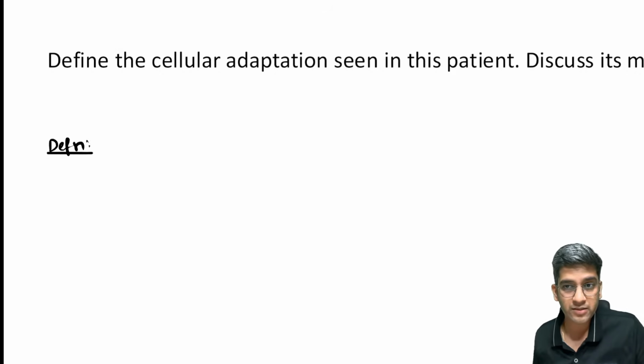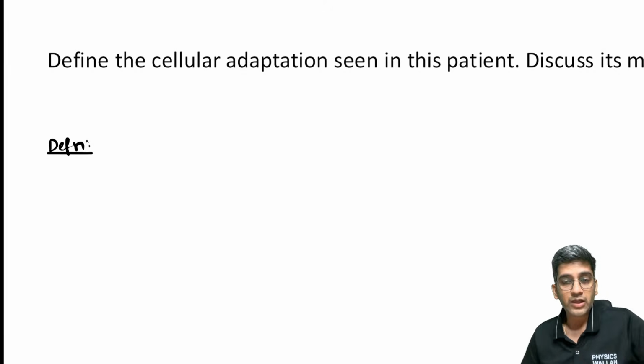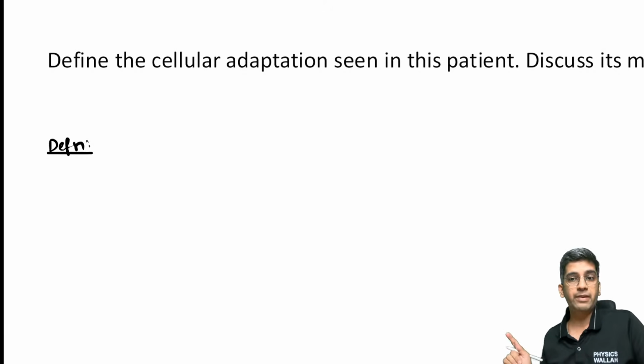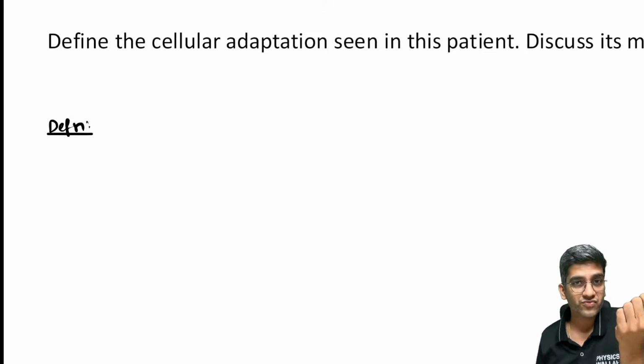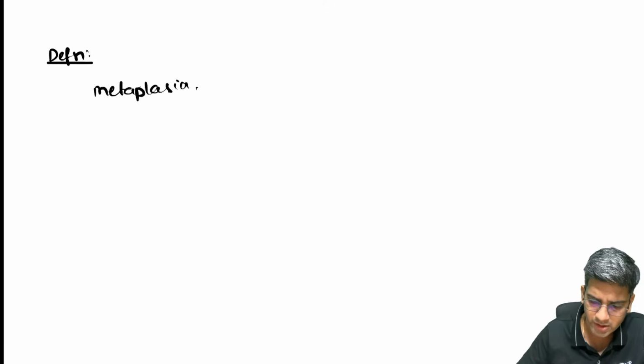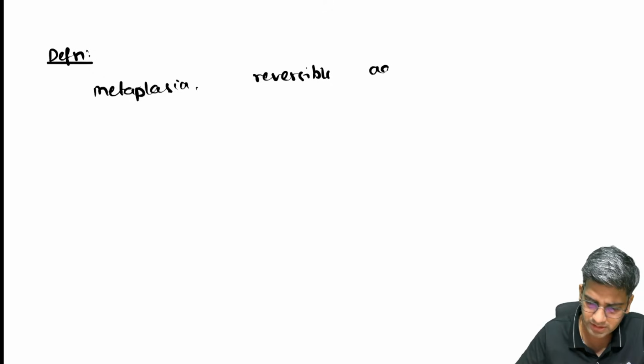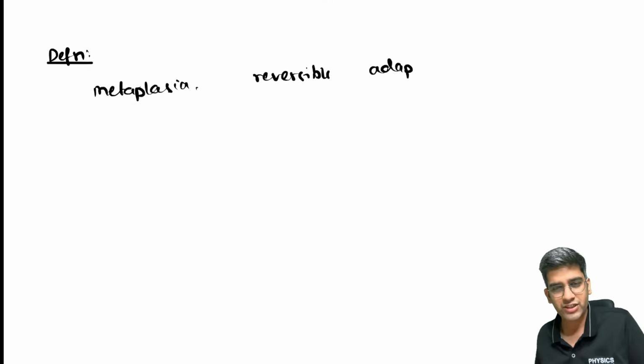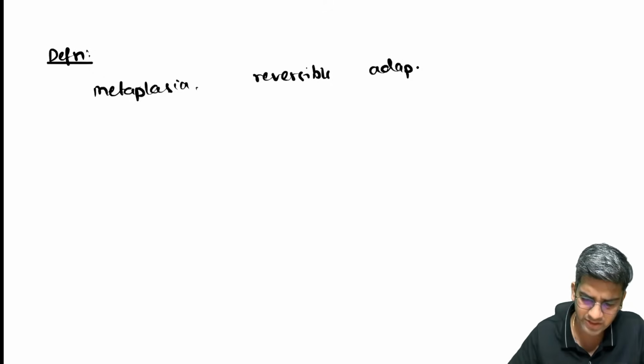It's one mature cell type becoming another mature cell type. The word mature is very, very important. So by definition, metaplasia is nothing but a reversible adaptive process. Every adaptation is reversible. It's just giving extra emphasis on that.